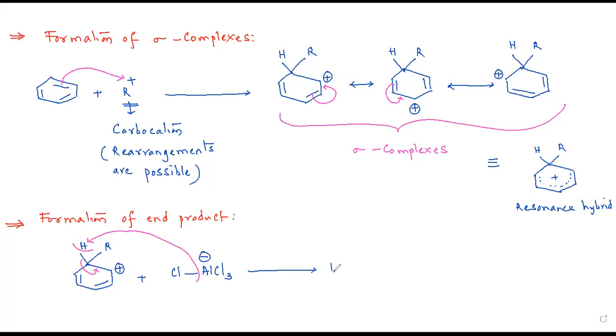This will give us the alkyl benzene, then HCl, of course, the Lewis acid, AlCl3. So this is how we get alkyl benzene.